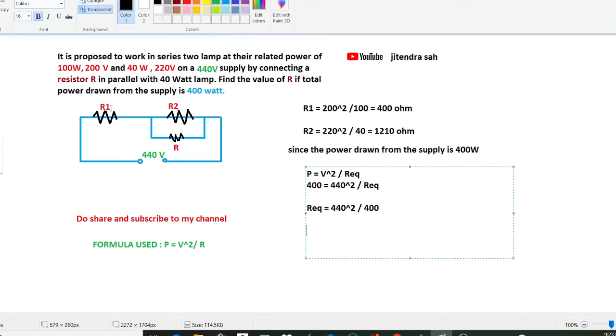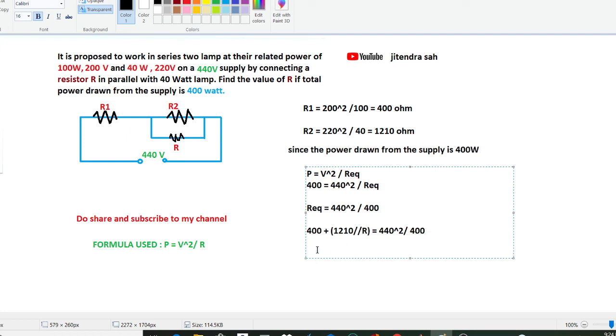So we can write 400 plus 1210 in parallel with R, and that equals 440 square upon 400. Now if we solve this, we will get the value of R.